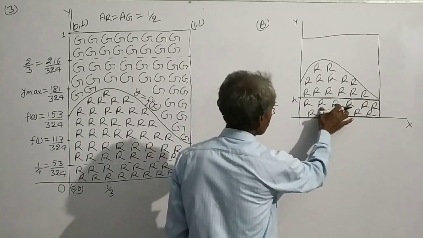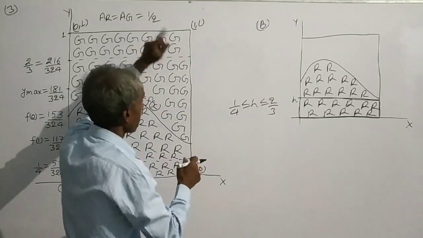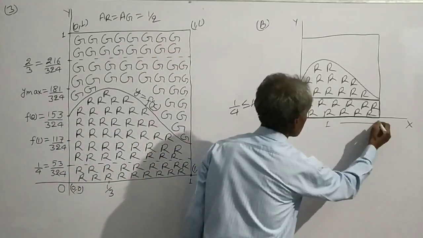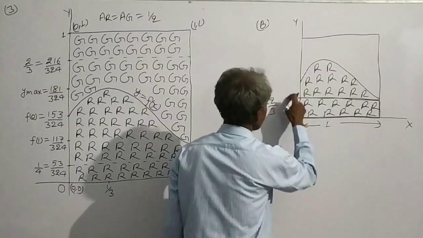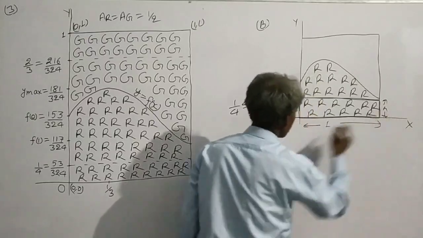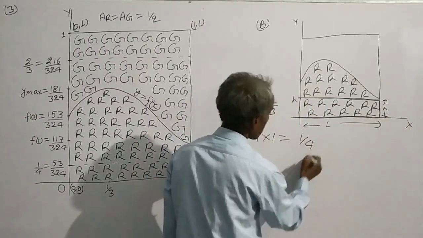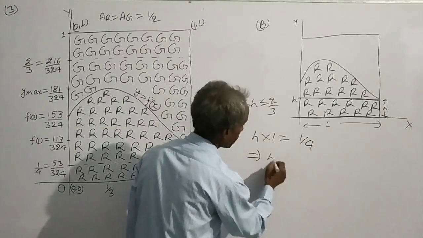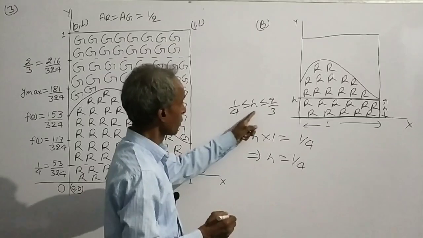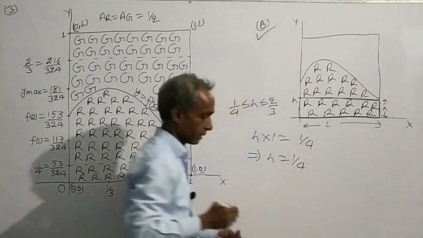That means the area of this rectangle will be equal to 1 by 2 times 1 by 2, that means 1 by 4. This is 1. This height is h. Therefore, h times 1 is equal to 1 by 4. This implies h is equal to 1 by 4, and h can be equal to 1 by 4 also. Therefore, this option is correct.